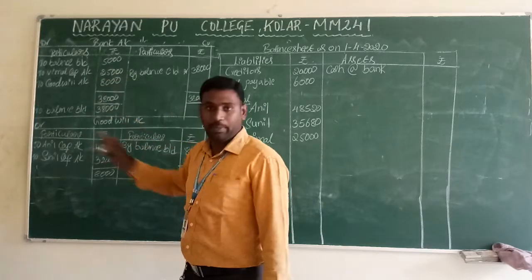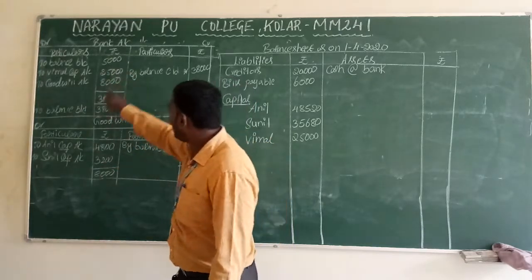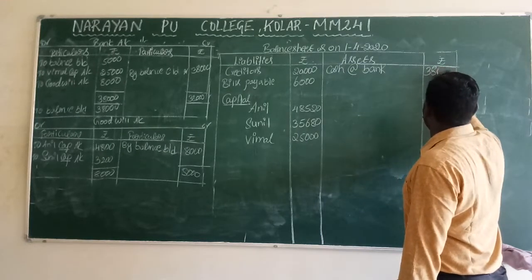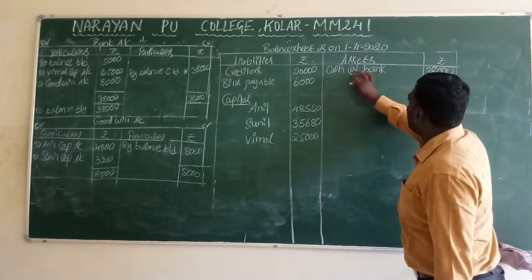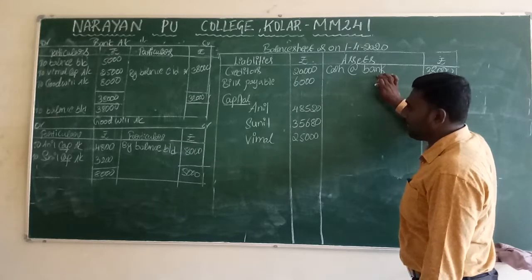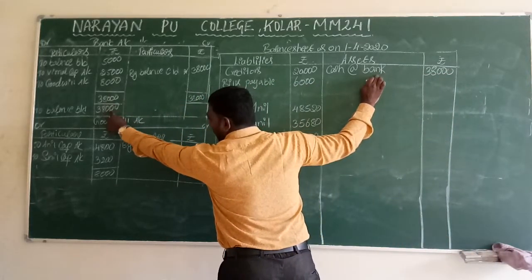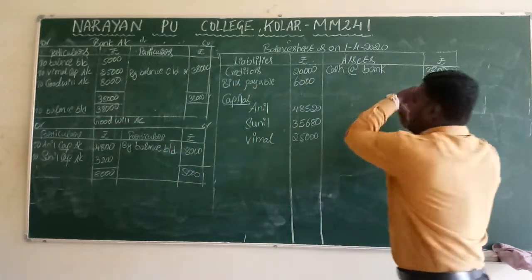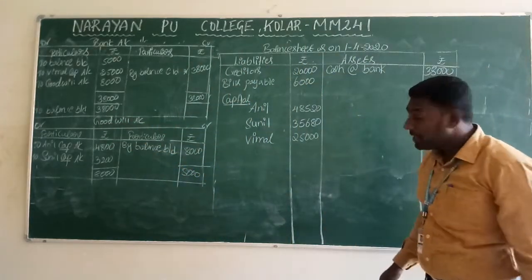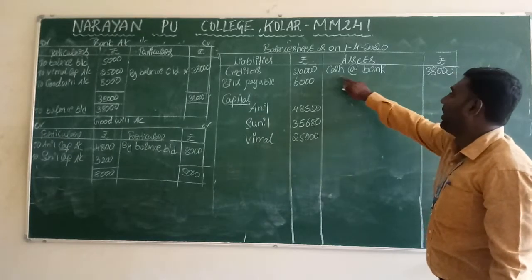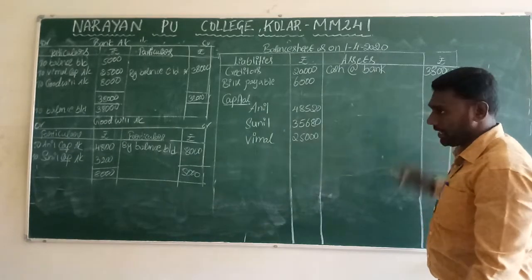It is also available in the business itself. So totally the present bank balance is 38,000. The difference from the left-hand side of the bank account is transferred to the right-hand side as balance carried down. Instead of that, we write cash at bank, only 38,000.